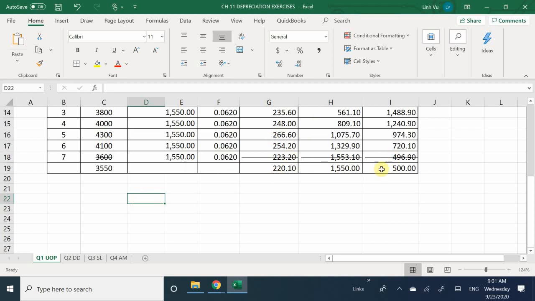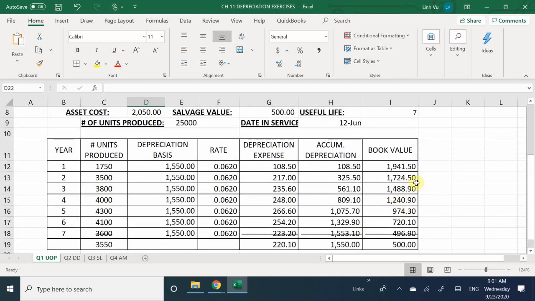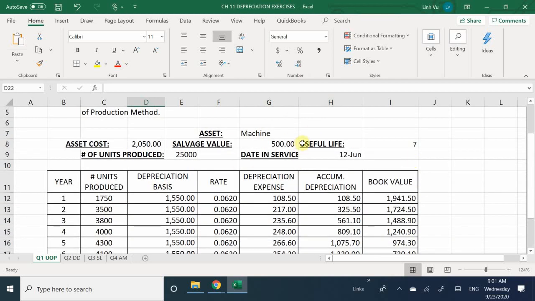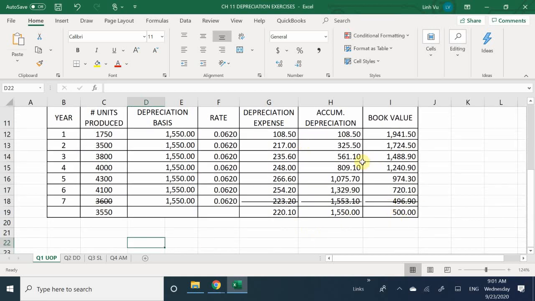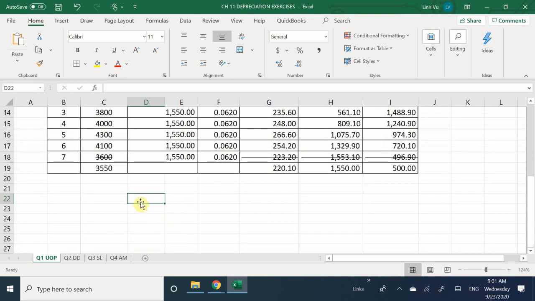But in order to solve, we already know what book value is. It has to equal salvage value. Okay? So Tennyson went backwards and did it that way. And he used the formulas.